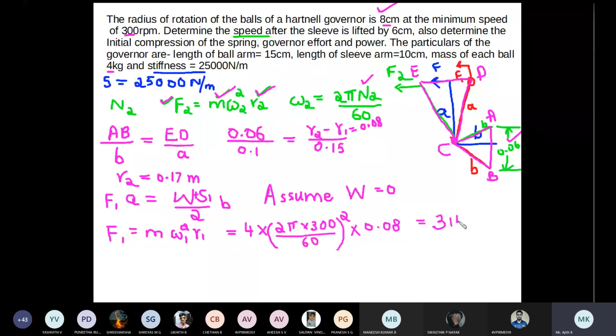You can verify it later. Now substitute the F1 value in the above equation.